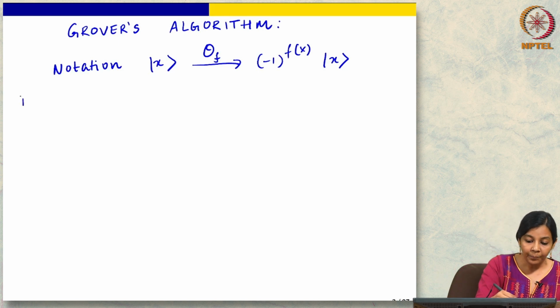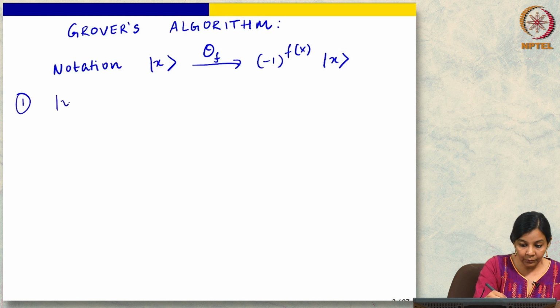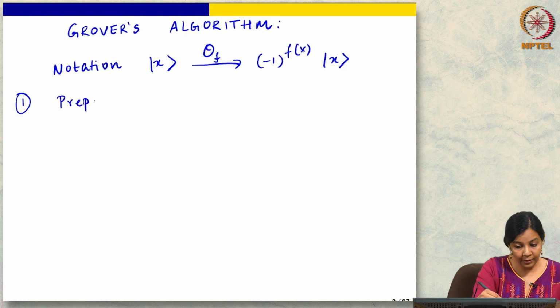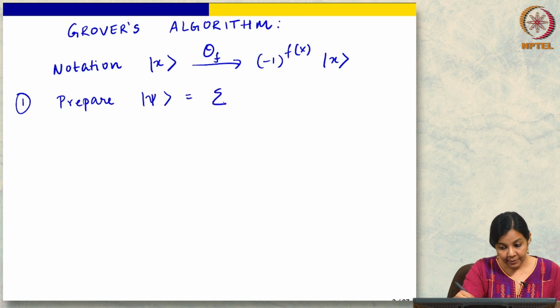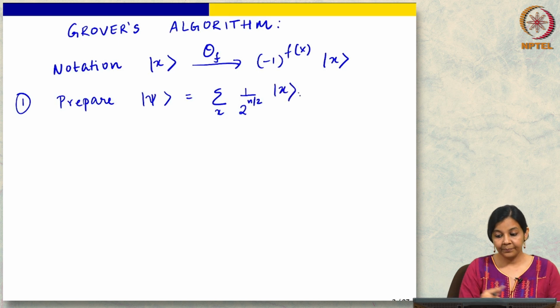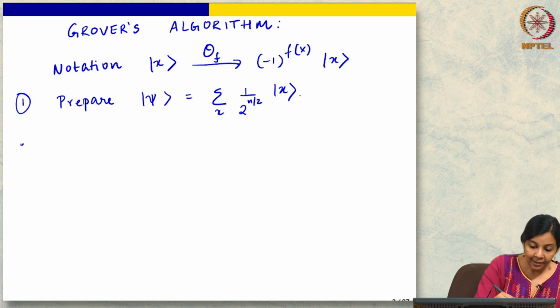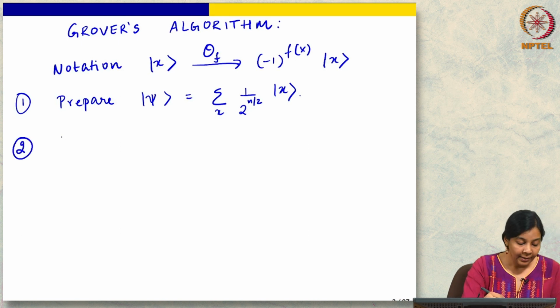So, now the first thing that we want to do is prepare our uniform superposition over all inputs, that is what we often do, right. So, prepare psi, which is the summation over x of 1 over 2 to the n over 2 times x. Okay. So, no surprises there.